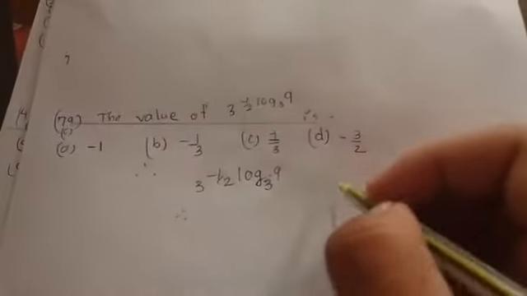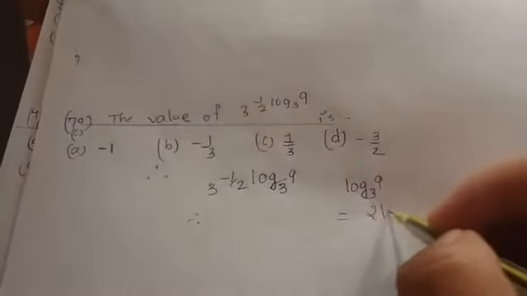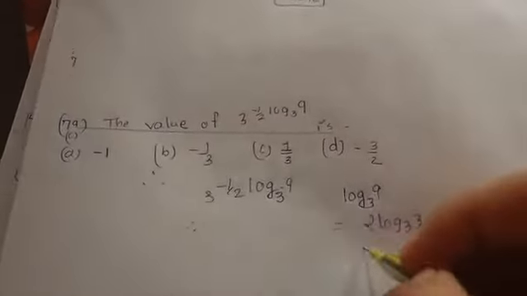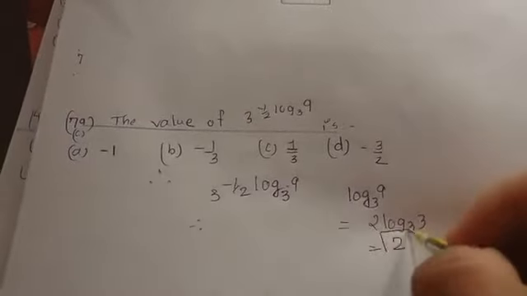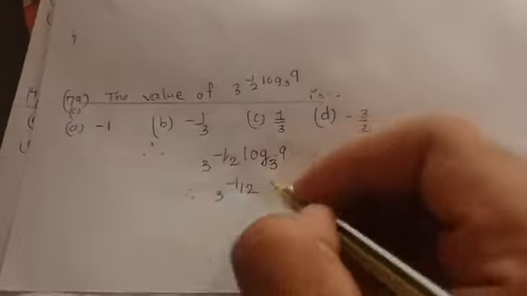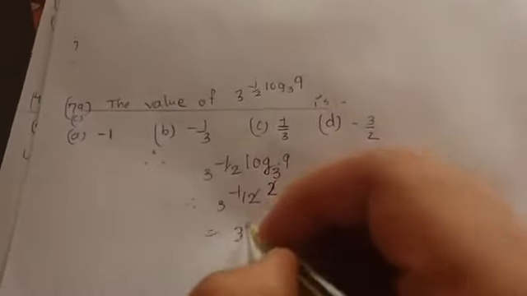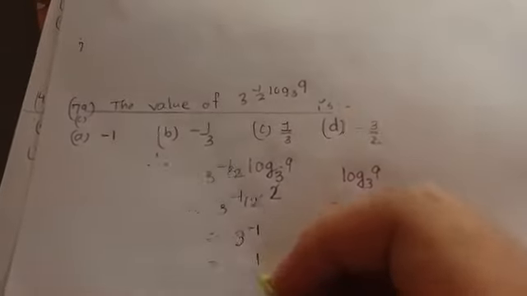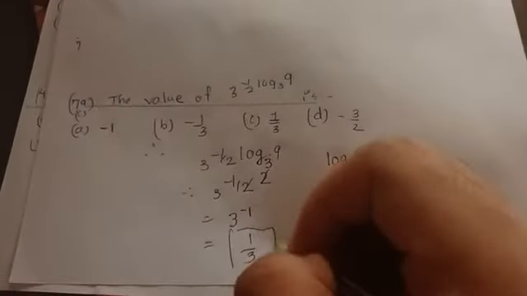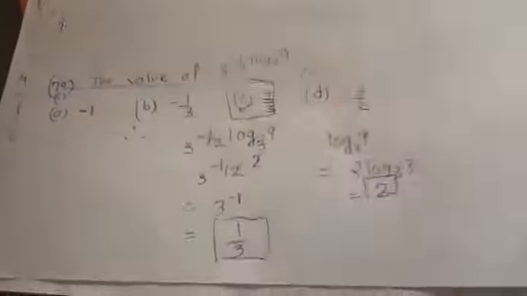Now, log 9 to the base 3 can be written as 2 log 3 to the base 3, which is eventually equal to 2. Therefore, the expression becomes 3 raised to minus 1 by 2 into 2. Now 2 gets cancelled out. Therefore, the answer remains 3 raised to minus 1, which is eventually equal to 1 by 3. So in 79th question, option C, 1 by 3 is correct.